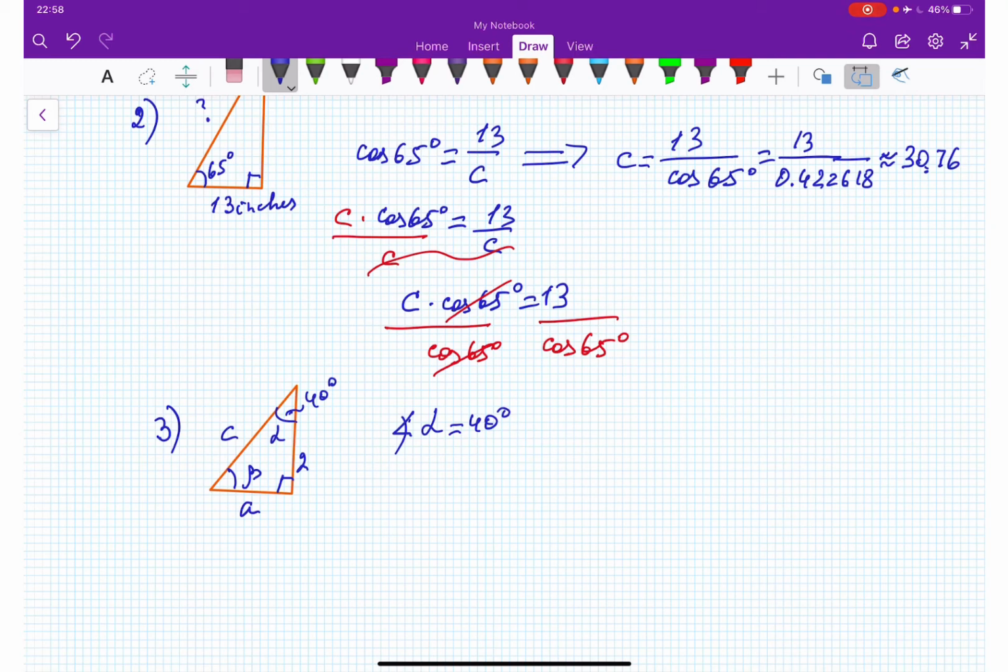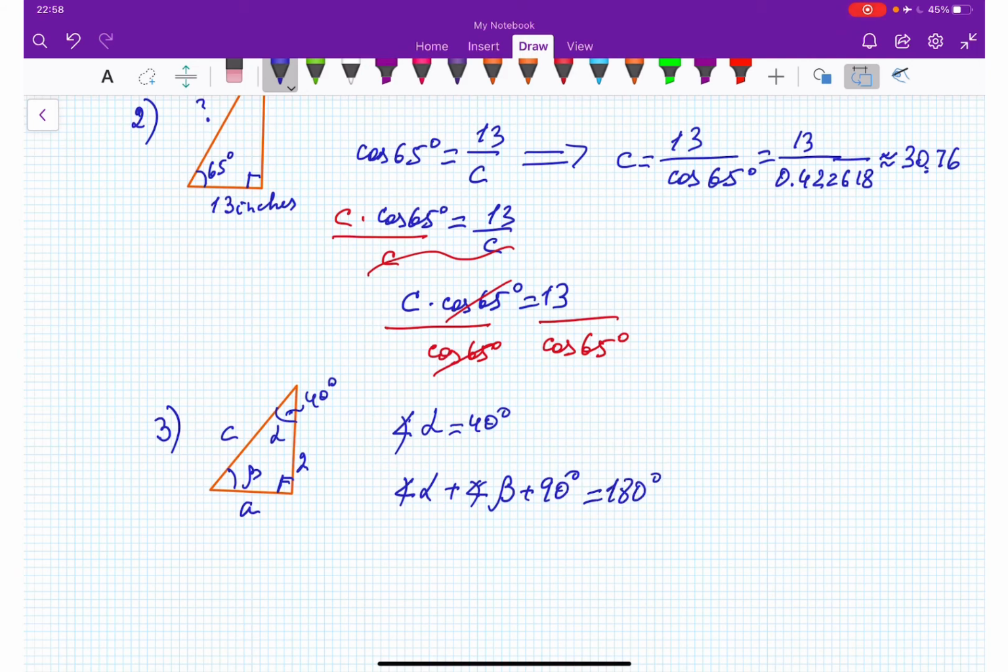Something interesting about this case is we need to know that the sum of all angles in a triangle is equal to 180 degrees, which means I can write down angle alpha plus angle beta plus 90 degrees, because we have a right angle here, is equal to 180 degrees.